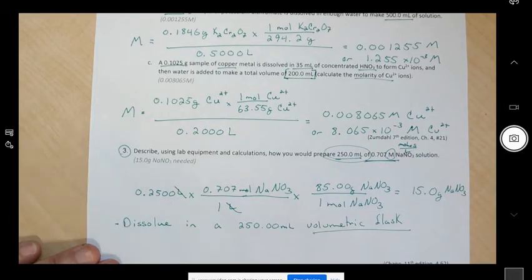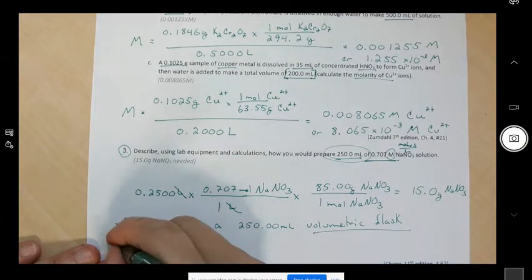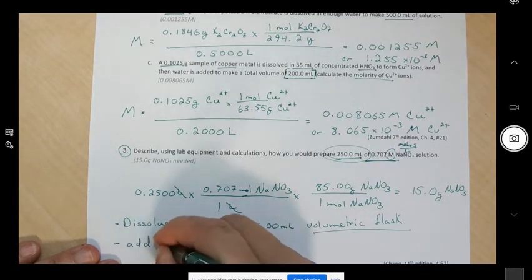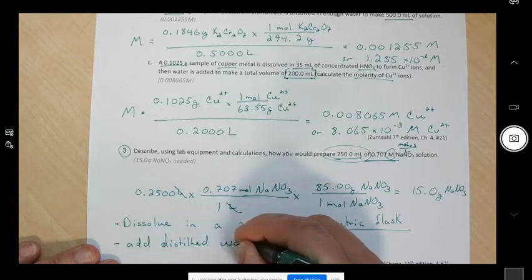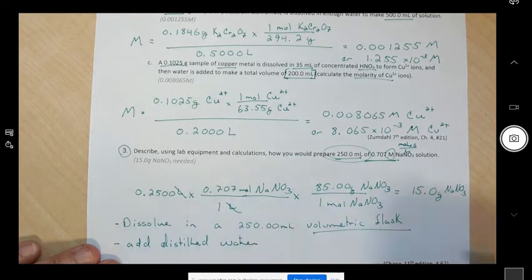Okay, and that's a flask that has only 1 graduation mark on it, and that's exactly at 250 milliliters. You're going to add distilled water, just enough to dissolve your 15 grams of sodium nitrate.